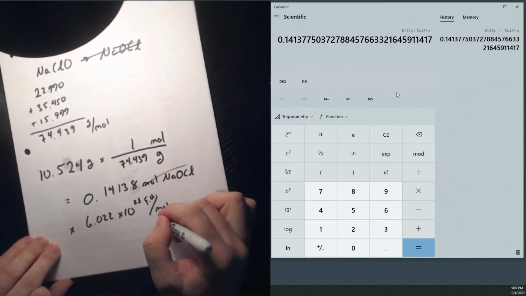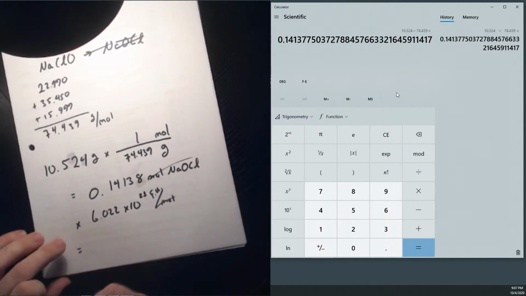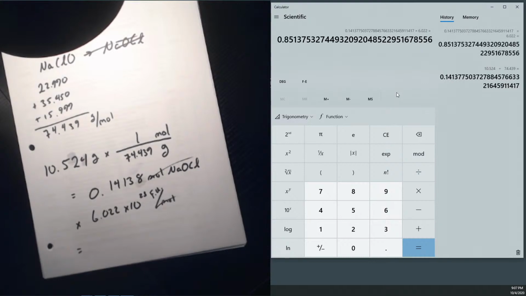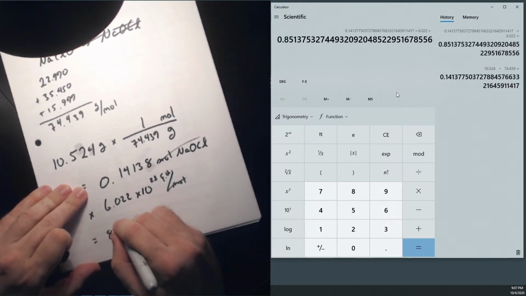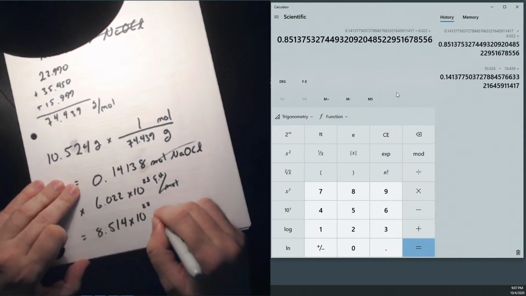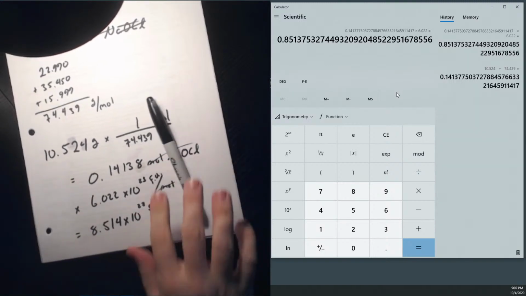So now the moles will cancel, and that will leave us with just formula units. So now, back to the calculator, multiplied by 6.022 times 10 to the 23rd, and that gives us 8.514 times 10 to the 22nd formula units of sodium hypochlorite.